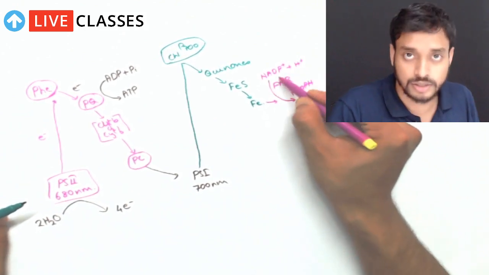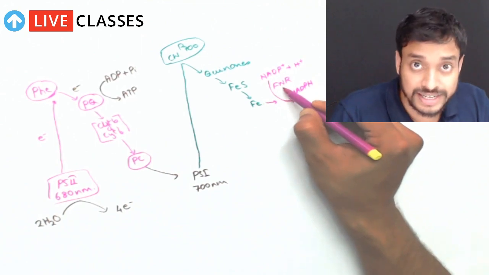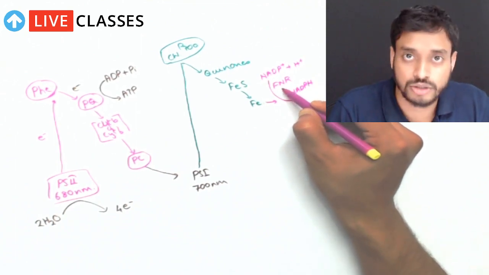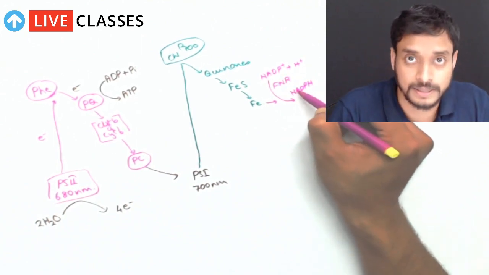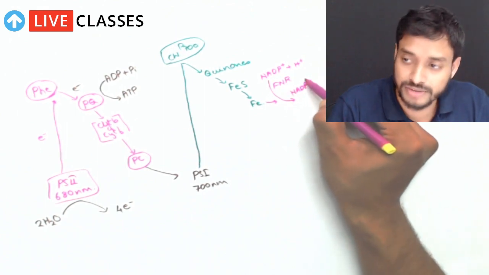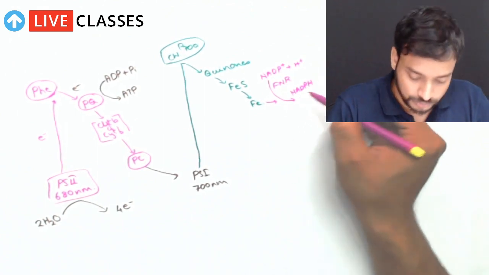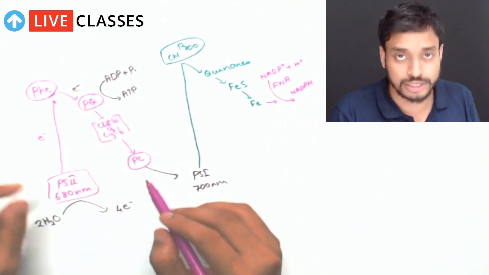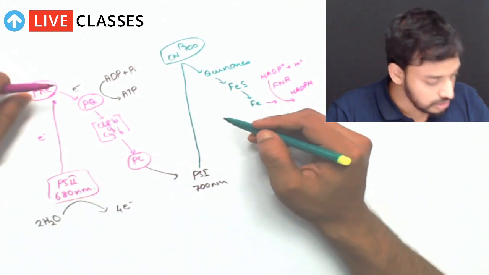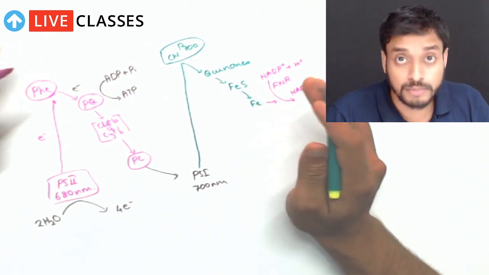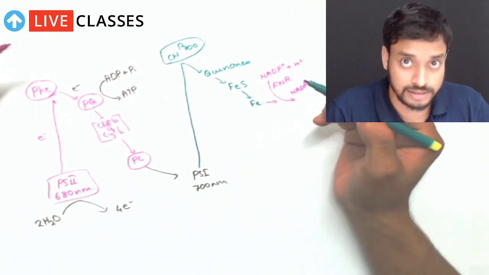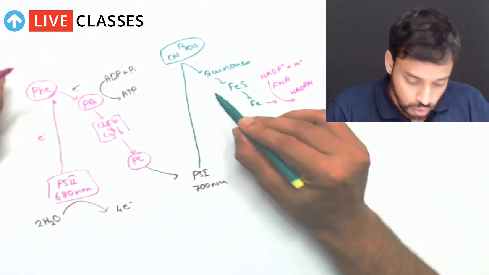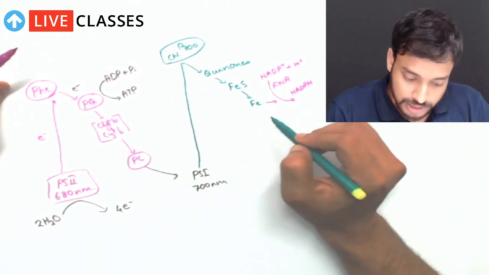There is a reductase, NADP reductase, which helps in the formation of the NADPH molecule. Now you have got this Z scheme with the electron acceptors. So please keep posting if you have any questions. We'll answer them. So far we have seen the components involved here.